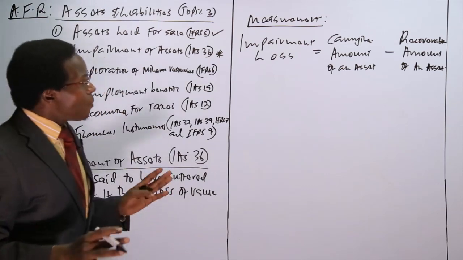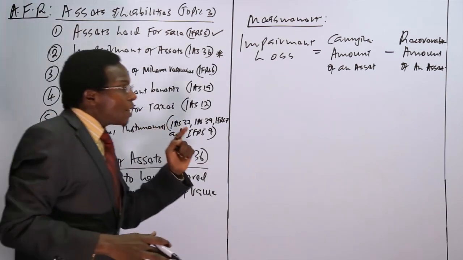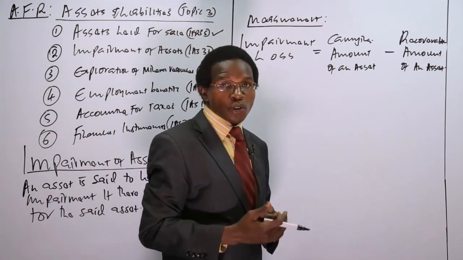Friends, remember we say that there is an impairment if and only if the carrying amount of an asset is greater than the recoverable amount only.